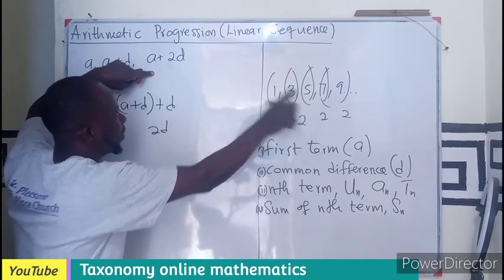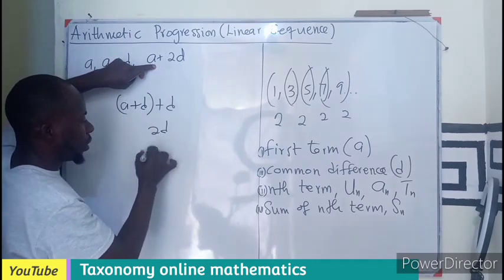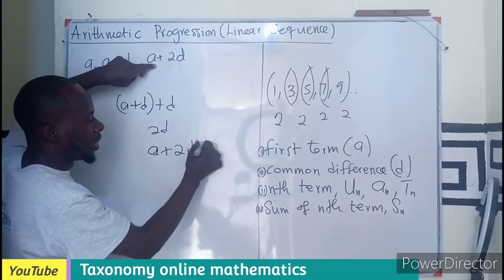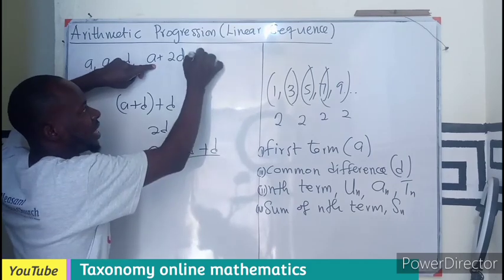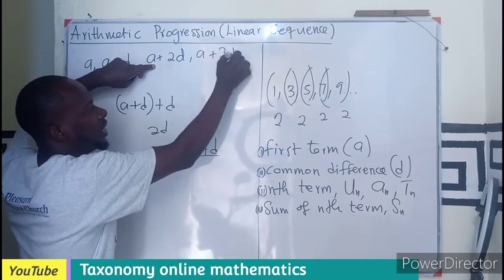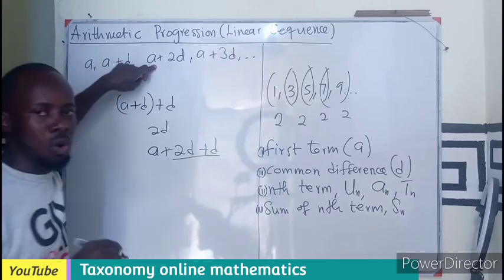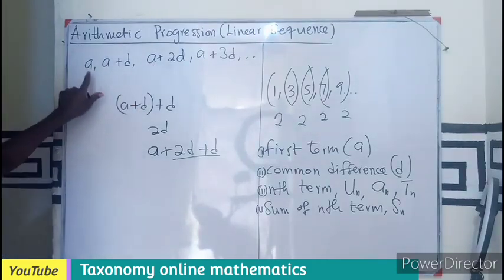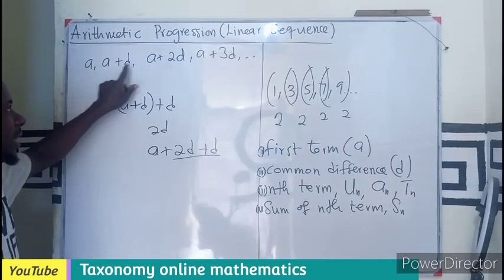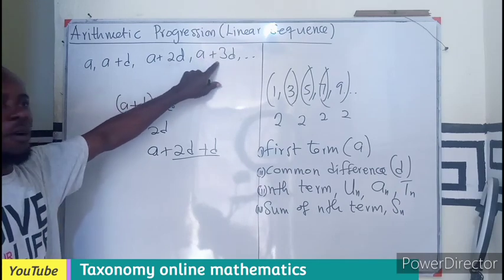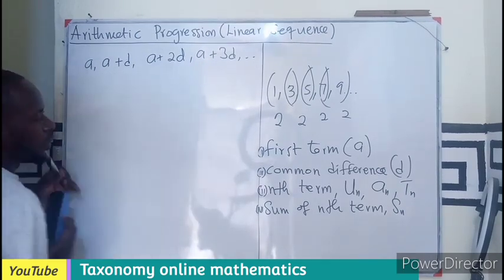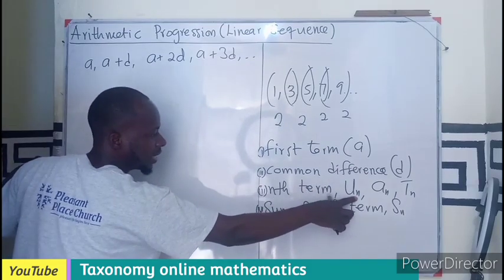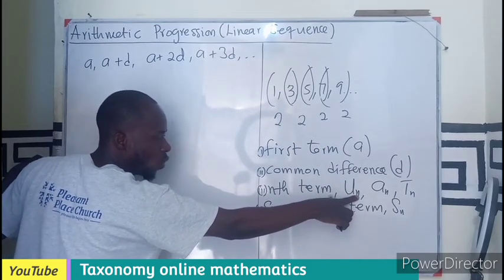What is my third term? A plus 2D, plus the common difference, and this will give me A plus 3D. You can see we can continue in that order. So you can see first term, second term, third term, fourth term. Let's arrange them in that order. We are saying that U1 will be the first term if n is 1.